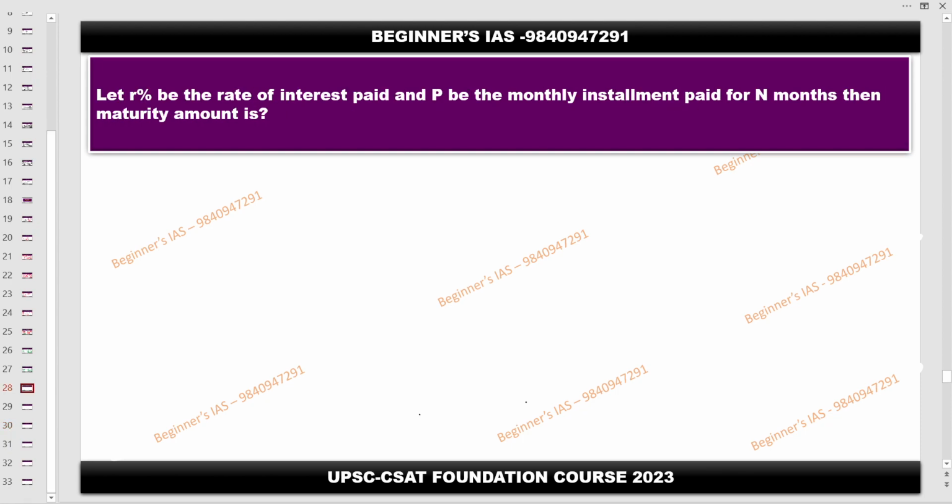Yes, sir. Fine. So this is the last question. Let R% be the rate of interest paid and P be the monthly installment paid for n months. Then maturity amount. Maturity amount means you need to calculate A. It has been provided.